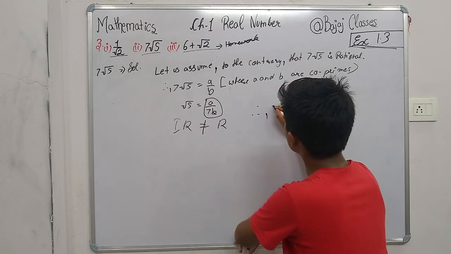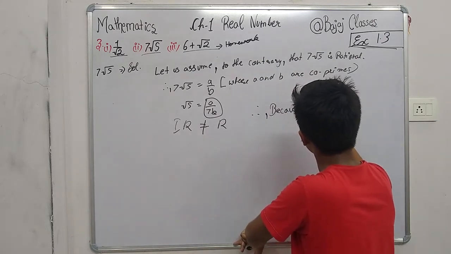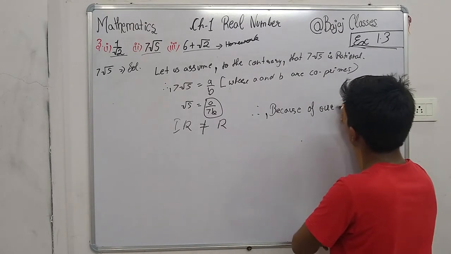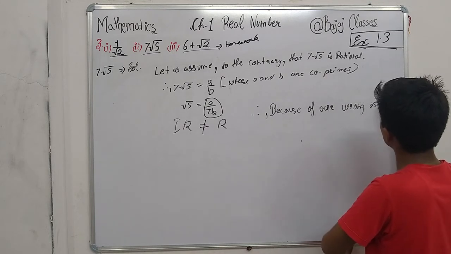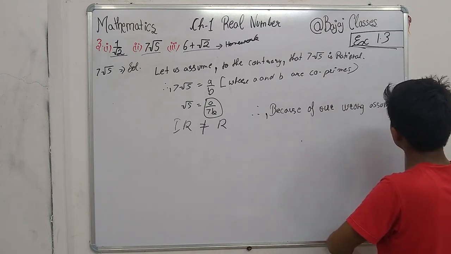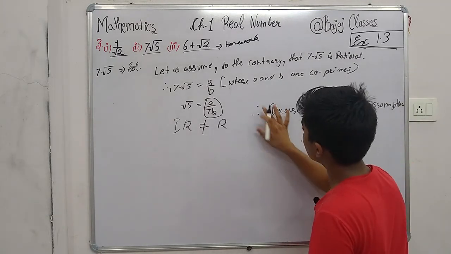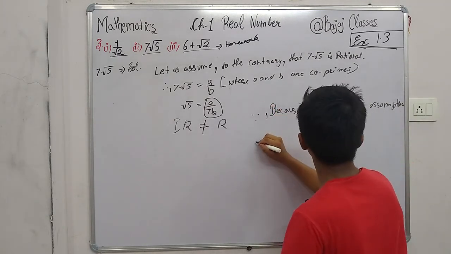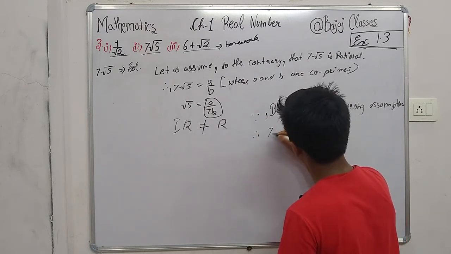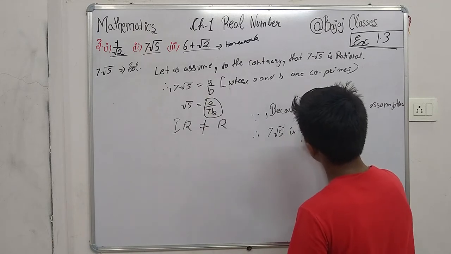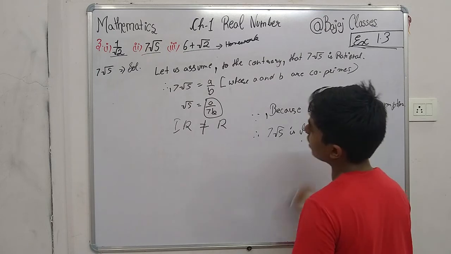So because of our wrong assumption, therefore 7 under root 5 is irrational.